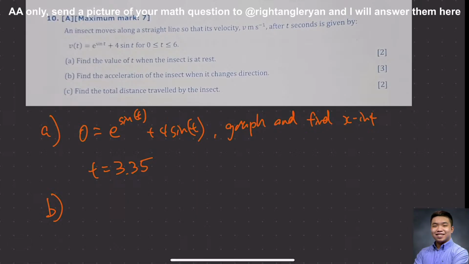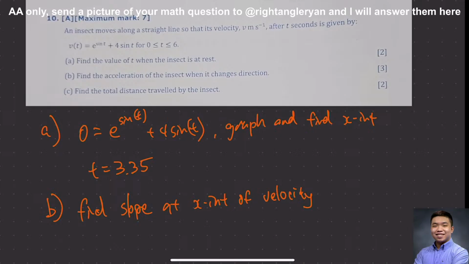When it changes directions, that means I want to find the slope at the x-intercept of velocity, right? Why? Because the x-intercept of velocity is where I go from positive velocity to negative velocity.